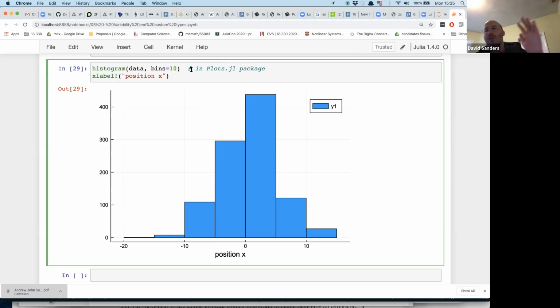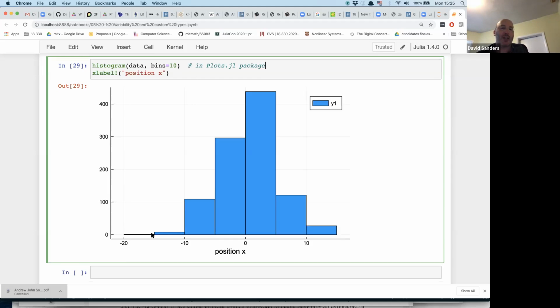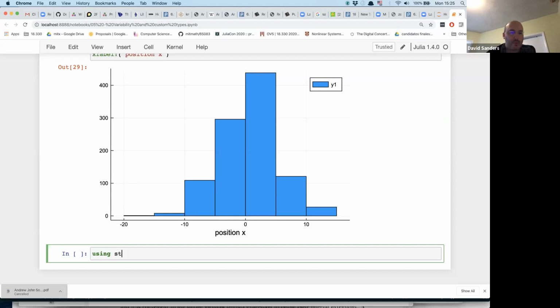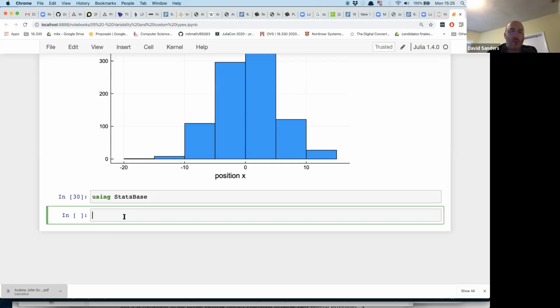There's a more sophisticated, or more accessible, version of histogram in the statspace package, I think. So let's just see how to use that. So we say fit Histogram, with a capital H, as a type, fit Histogram to data, and let's call that h.